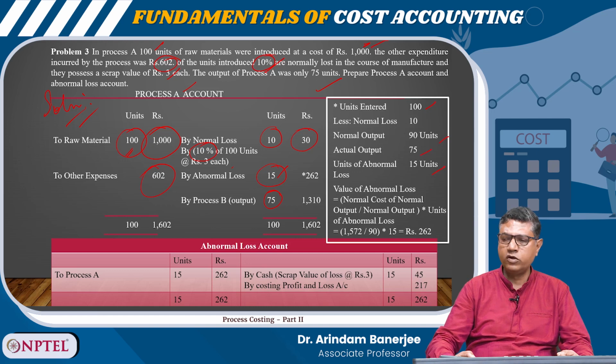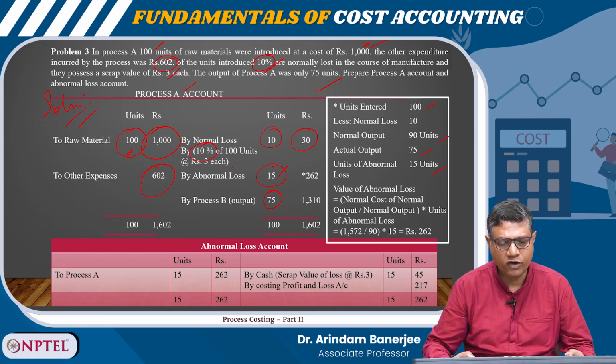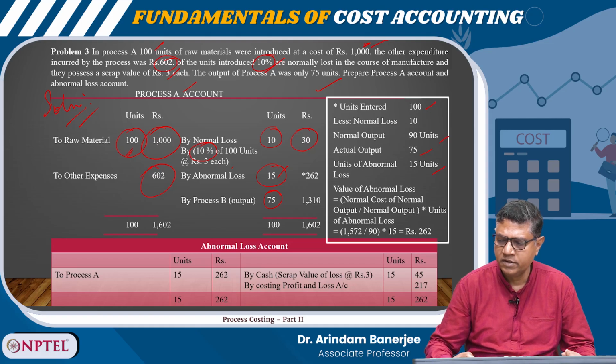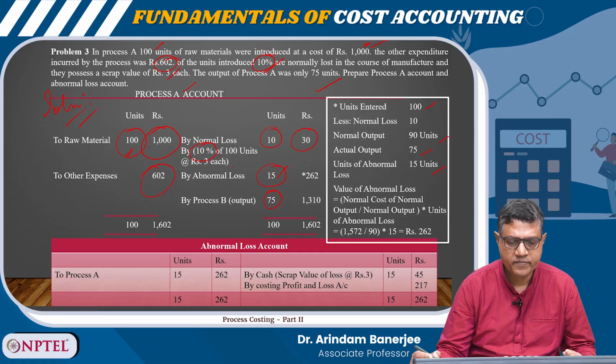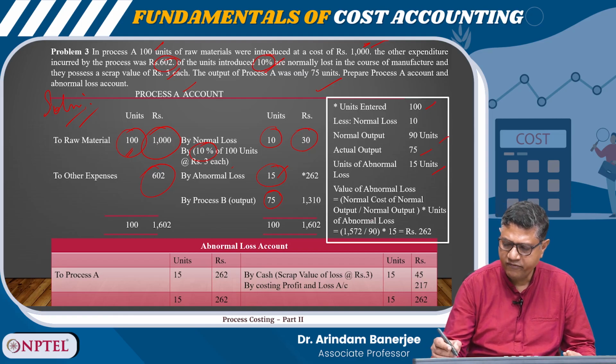So, value of abnormal loss is normal cost of normal output into the units of abnormal loss, right. Now, this normal cost of normal output is coming 1572, right.